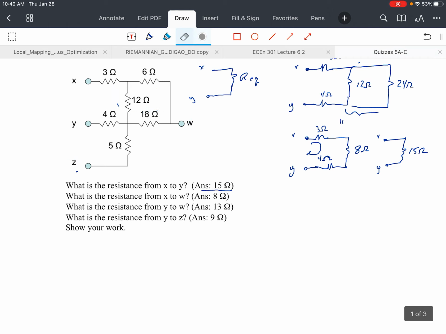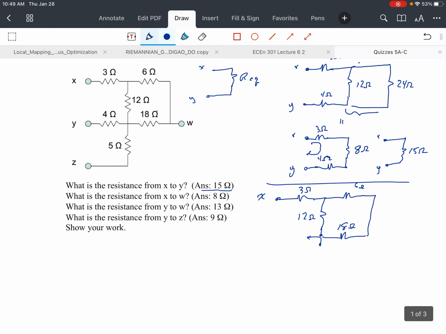Now we want to find the resistance from X to W. We start with X, we go through a 3 ohm resistor, and then there's a 12 ohm resistor, and nothing would go in that direction, so we can just ignore it, and the same thing with that direction. So we'll have the 18 ohm resistance and a 6 ohm resistance, and then this is W.